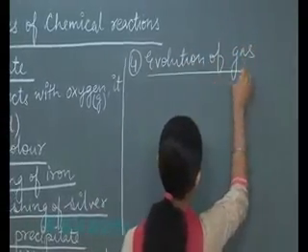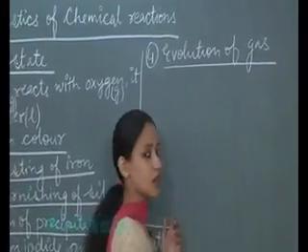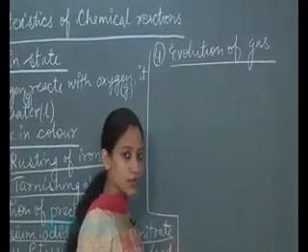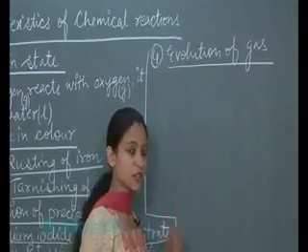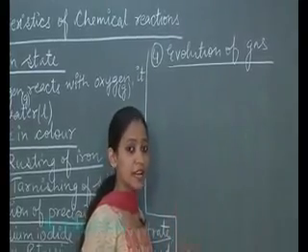Evolution of gas can also tell us whether the reaction has occurred or not. Students, in the previous classes you have studied the example of a reaction between zinc and dilute acids.